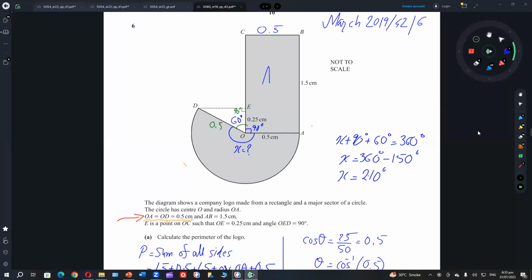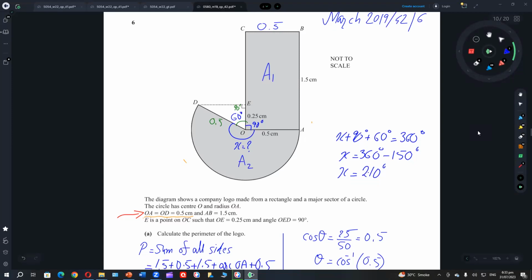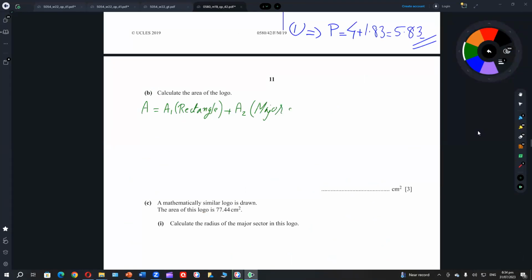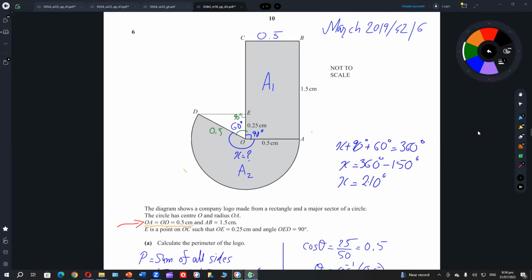Let's say it is area 1 and it has a sector, area 2. Look at the second part of the question. He says area of the logo. So the area means here A1, which belongs to a rectangle, plus A2, which is a major sector.